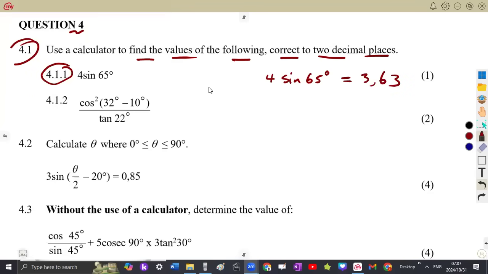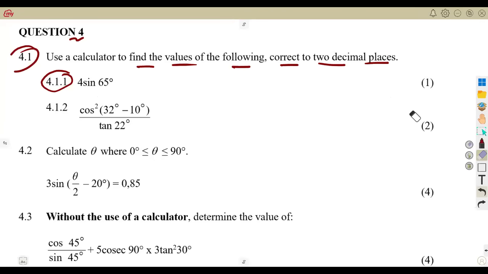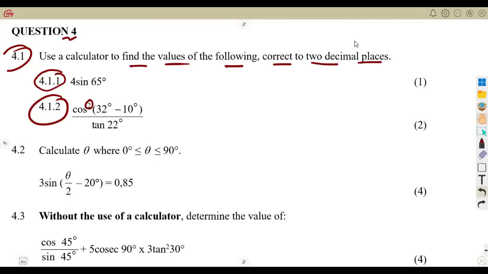You move on to another question. That is cos squared of 32 minus 10 over tan 22. Whenever you're given a square like this, this is just the presentation. Instead, we can have this one as cos of 32 degrees minus 10 degrees.